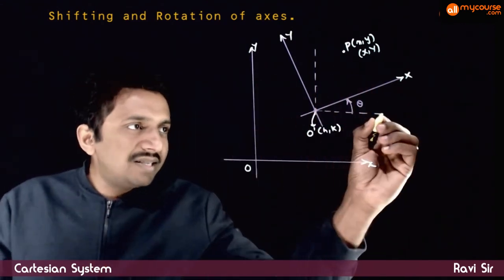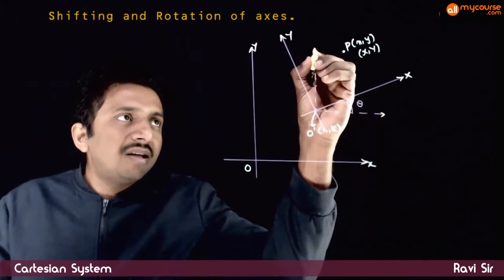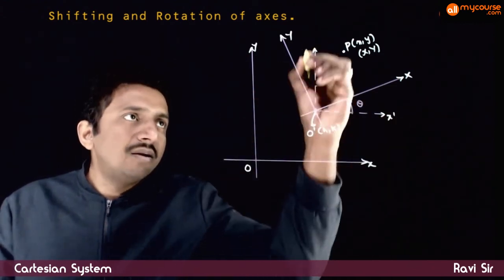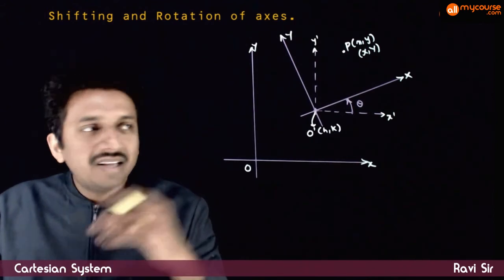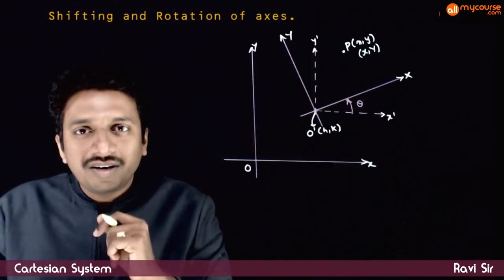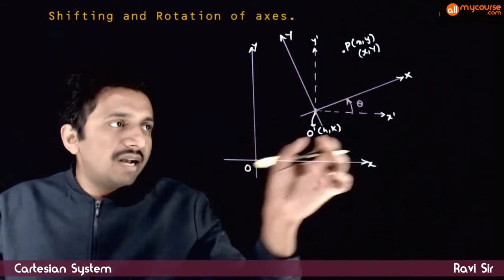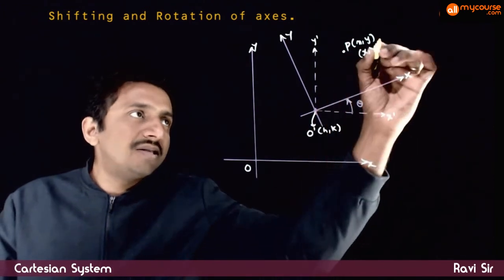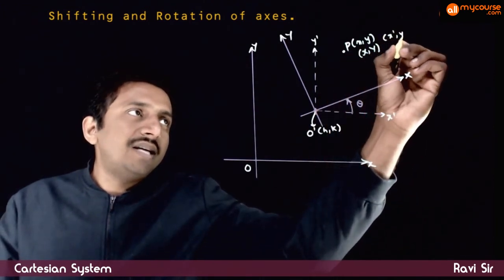So first let us consider an intermediate coordinate system x dash, y dash. So let us say that with respect to this coordinate system, the coordinates are x dash, y dash.